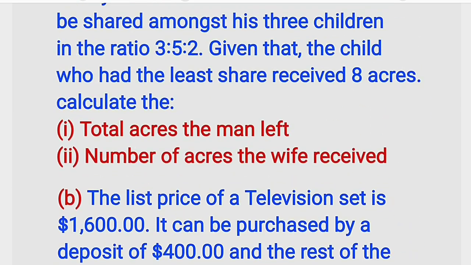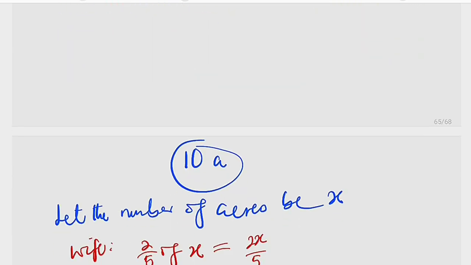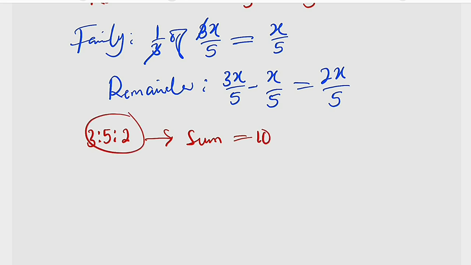And what is left in the end is shared among the 3 children in the ratio of 3 to 5 to 2. And the least share was 8 acres. So we have the ratio 3 to 5 to 2, and the sum would be equal to 10 if you add all the ratios together.